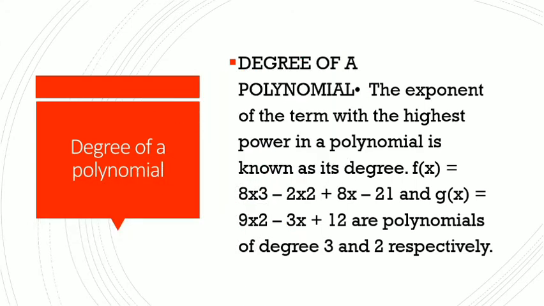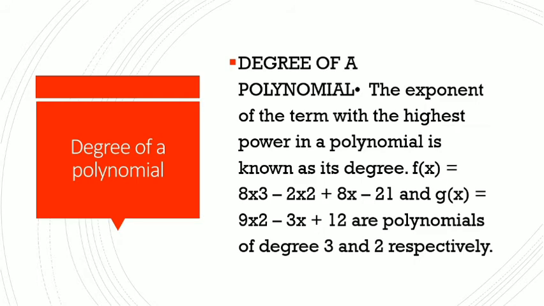Very basic. Now, degree of a polynomial. The exponent of the term with the highest power in a polynomial is known as the degree of the polynomial. A polynomial has been taken over here, 8x cube minus 2x square plus 8x minus 21, and another polynomial, 9x square minus 3x plus 12.